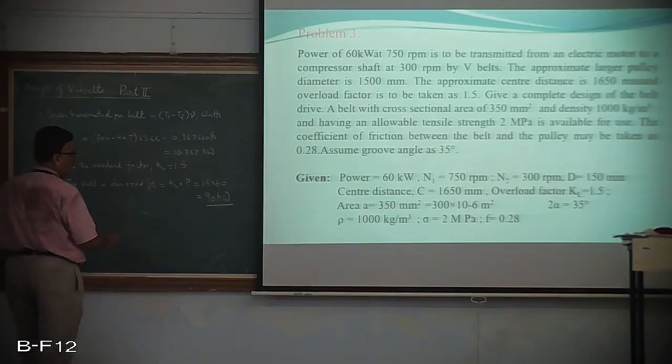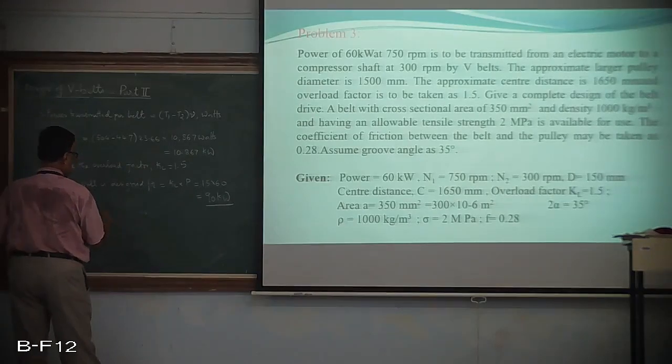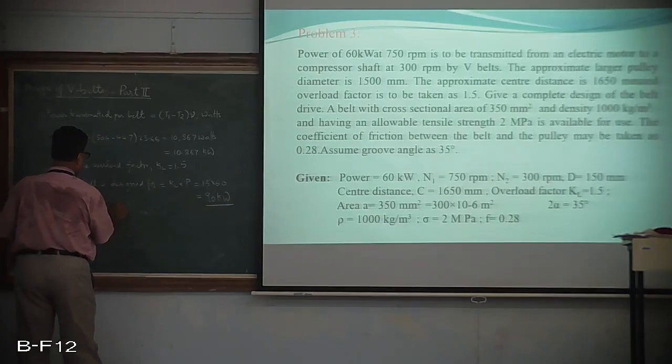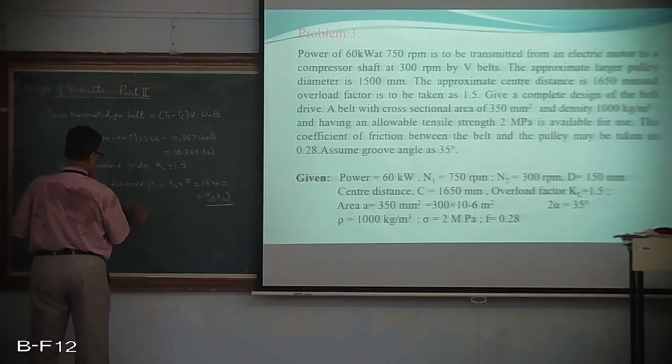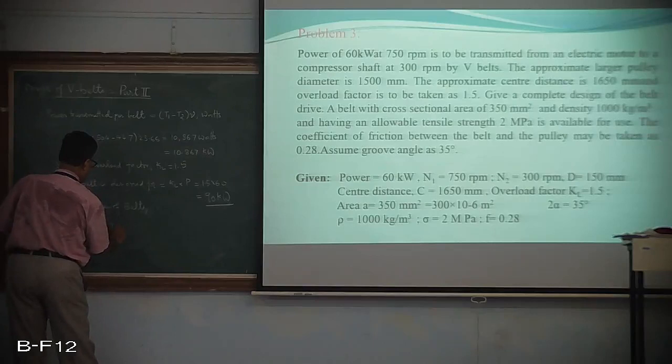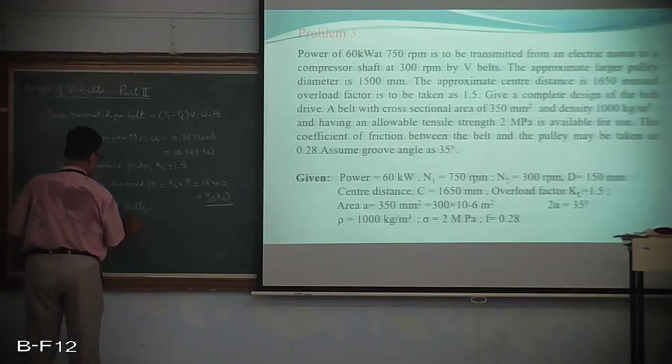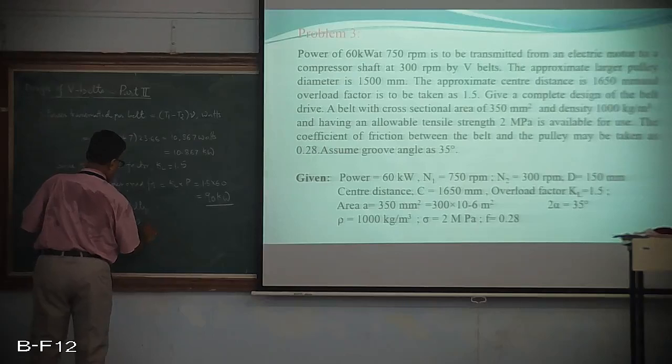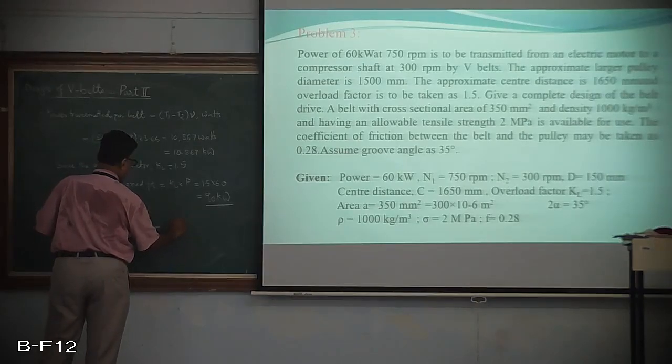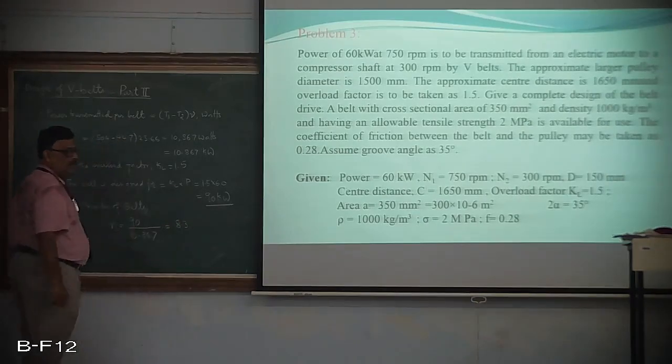We need to find out the number of belts, N. This is the total power to be transmitted divided by the power which can be transmitted per belt. This will give you about 8.3 belts.